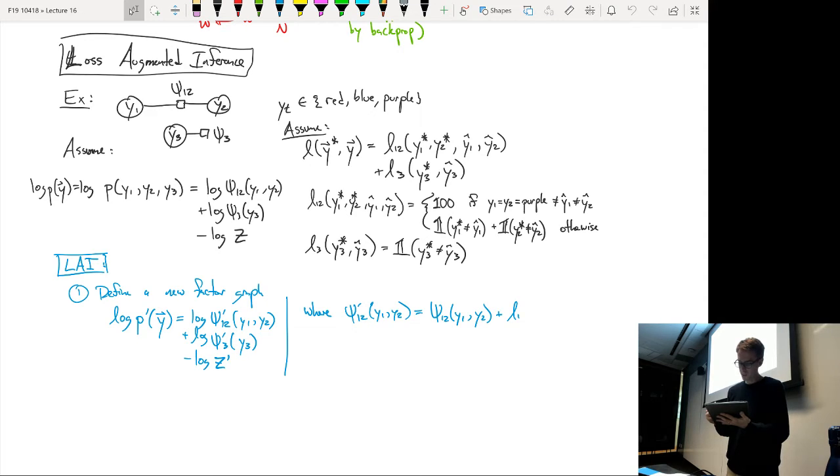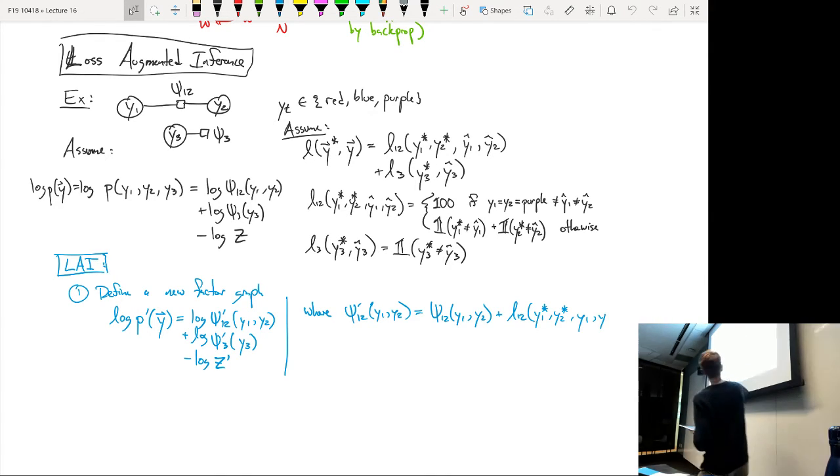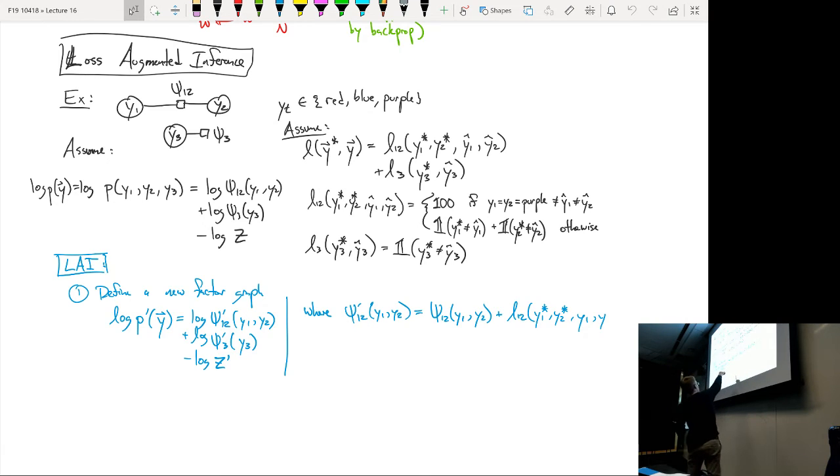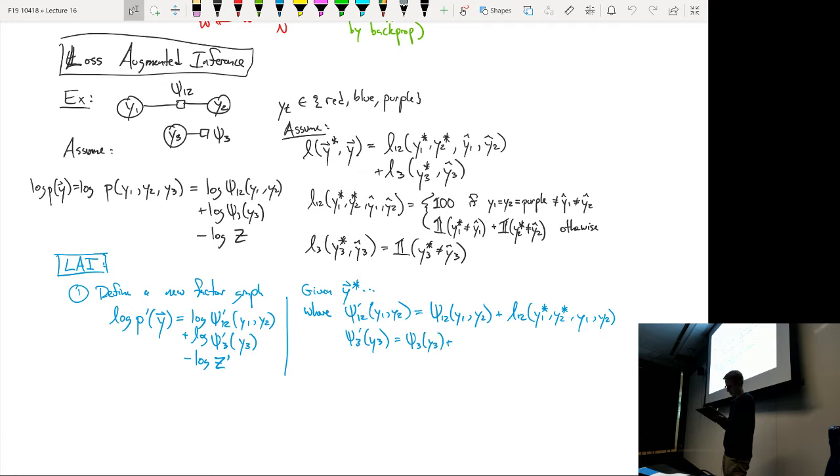And here, we're assuming that you already know what y star is. So given the vector y star, we can define psi prime of 1, 2 by combining this loss with this factor. And then similarly, psi 3 prime is just the original psi 3 plus that loss L3.